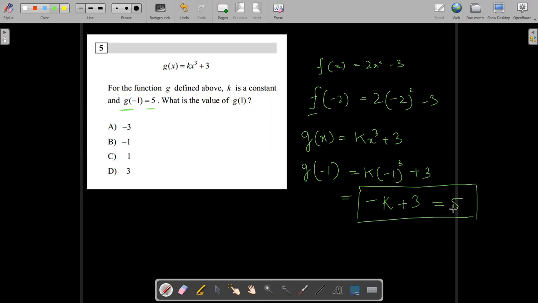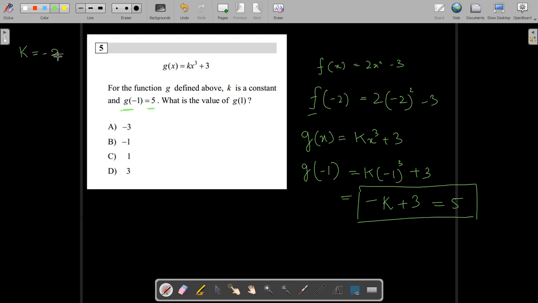Is it fine till now? Is it okay? Yes. So we can calculate the value of k. How much will be the value of k? I got -2. Yeah, that's right. So k is -2.